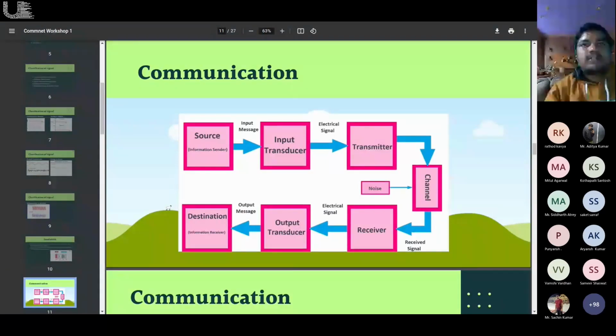Right now your microphone converts the speech from you into electrical signals. I'm also using a microphone. So this is known as a transducer. It is one type of transducer; there are also other types of transducer.